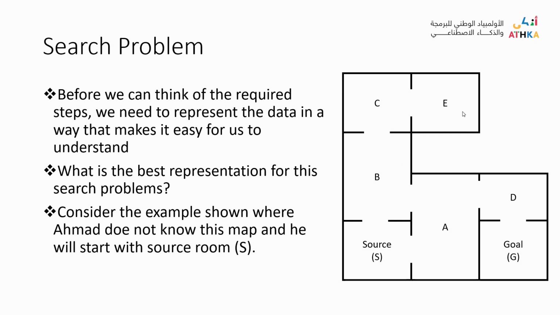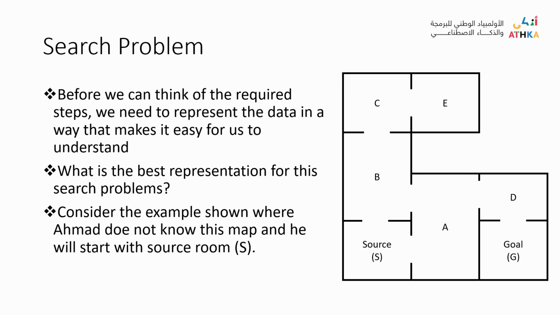Some paths lead to a dead end, for example if you go like this, this is a dead end. And there are multiple paths that you can take to get to the goal. We'd like to represent this information in graph theory.